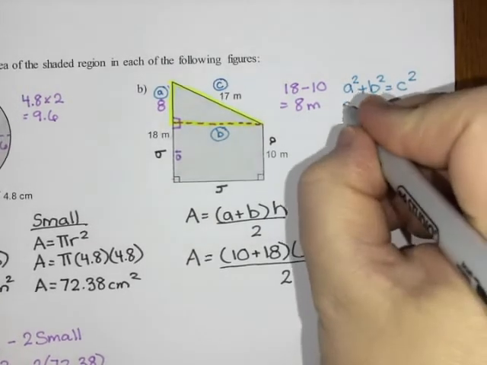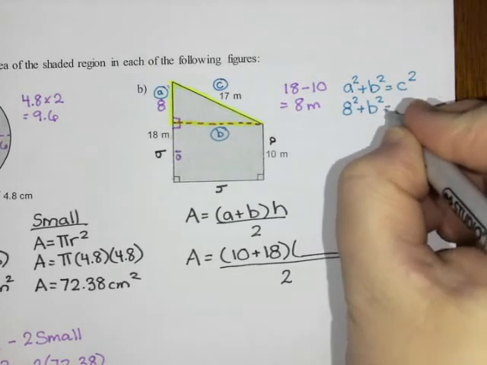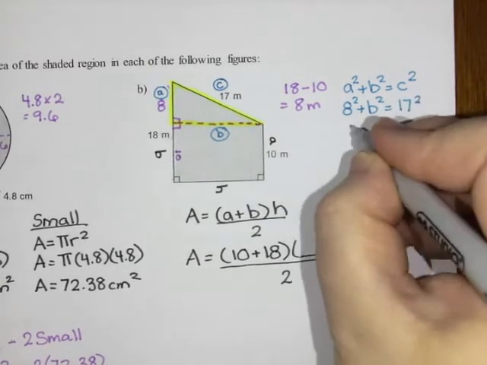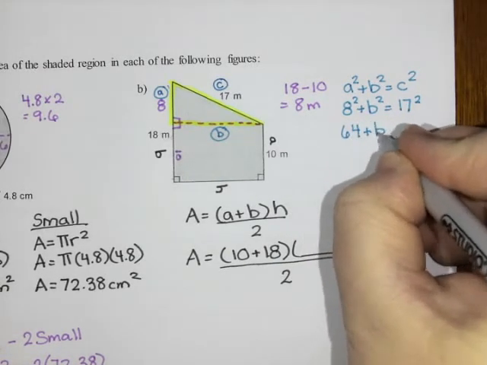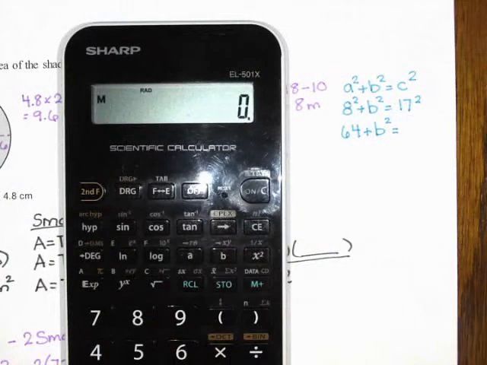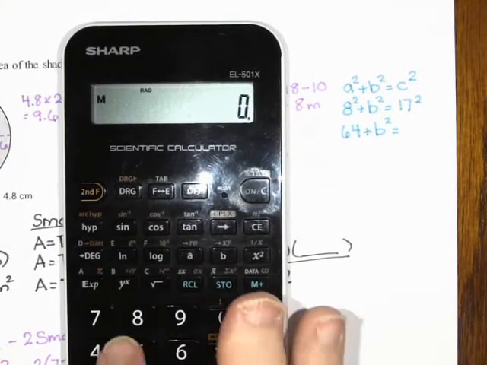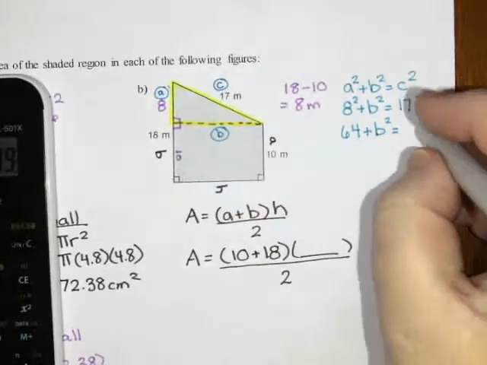A squared is 8, so 8 squared plus B squared equals 17 squared. 8 times 8 is 64. I don't know what B squared is. And 17 squared, I think, is 190. No, it's 289, maybe. So 17 times 17 is 289.